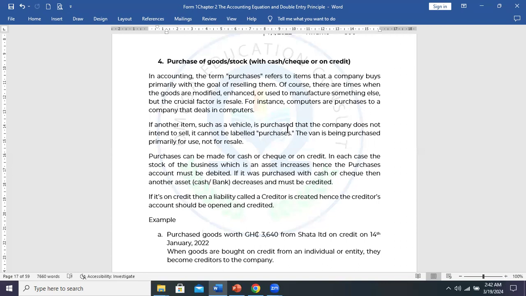So note again that we can have cash purchases and credit purchases. Bishop, you have a question? Yes. In fact, Bishop, the voice is not clear.